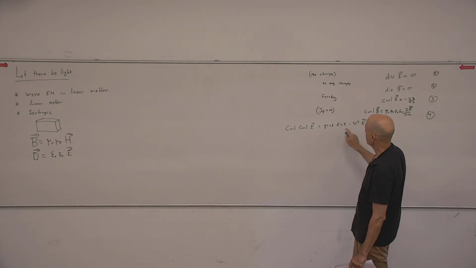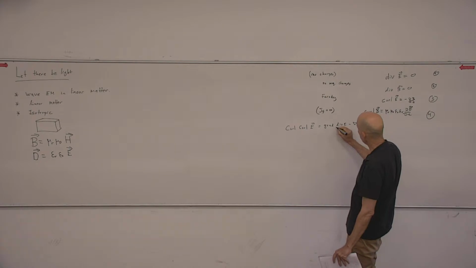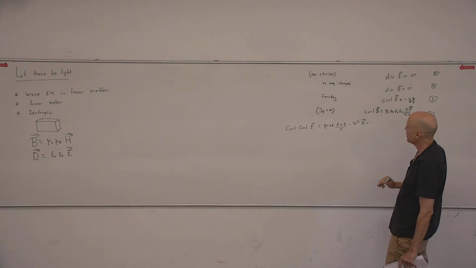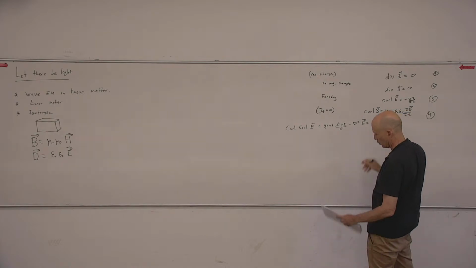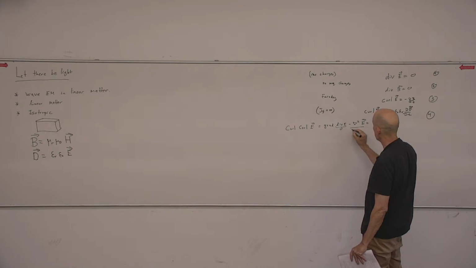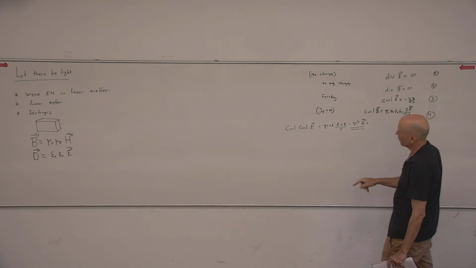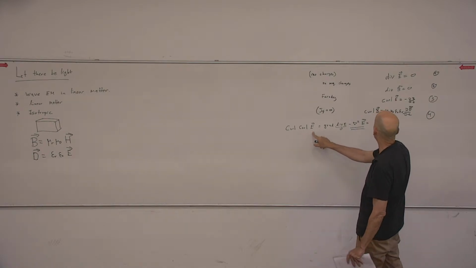The Laplacian is second order, and these two are also second order. And the important thing is, what is this? This is equal to 0 because of the first equation. There are no charges, so this thing is equal to 0. Just this is left.